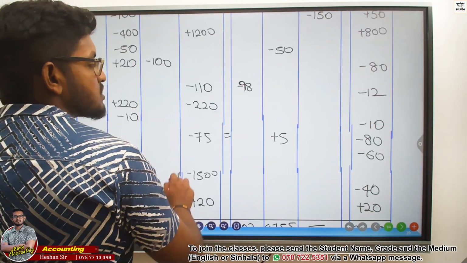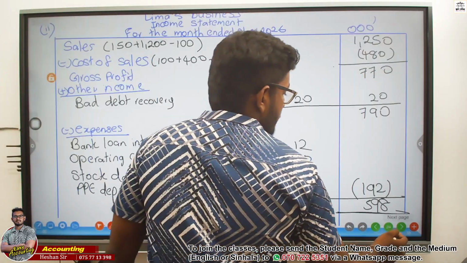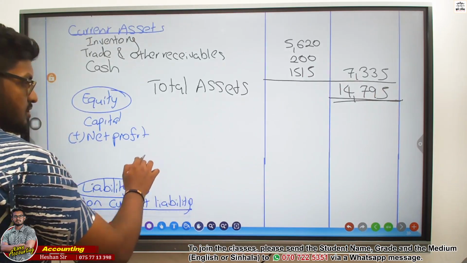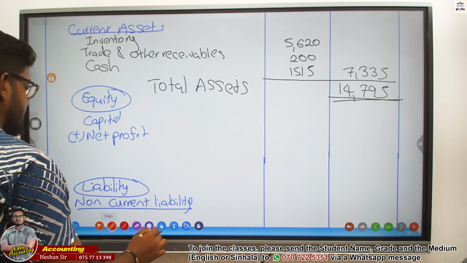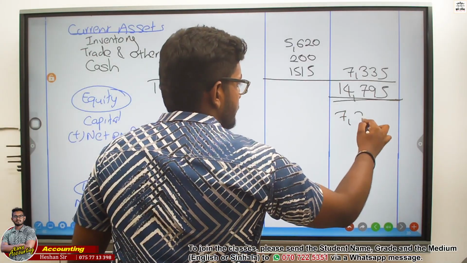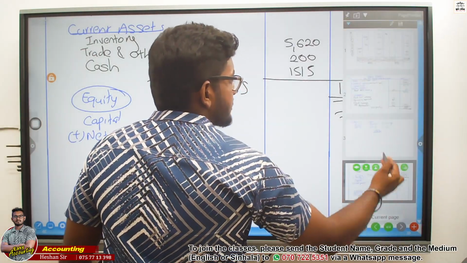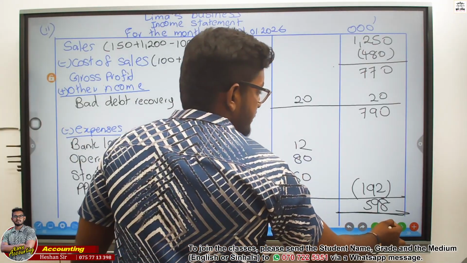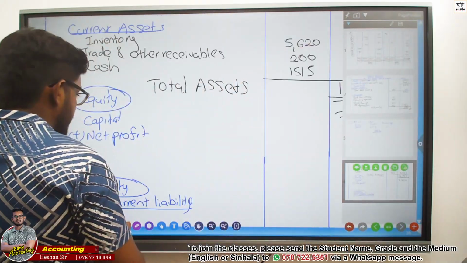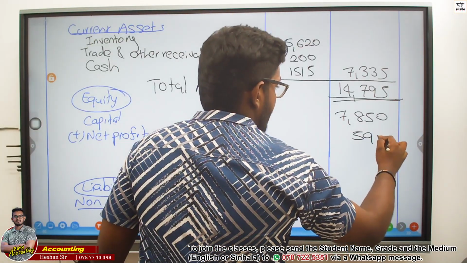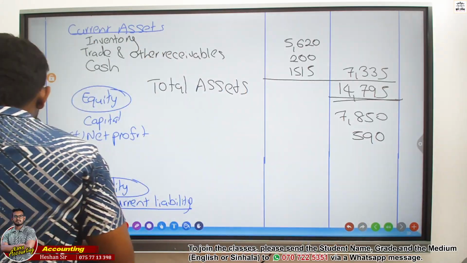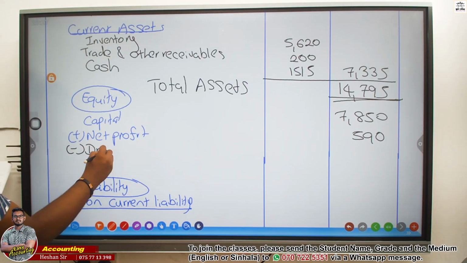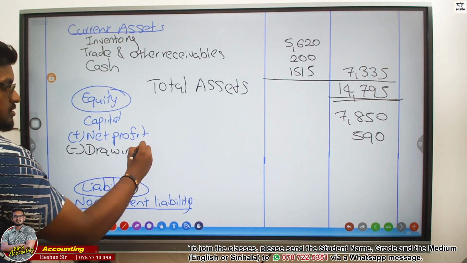Capital is 7,850. So there are two ways to calculate, right? First capital is 7,850, the opening capital. We calculated the profit in here, 590. So you can see profit 590 you can add. And there are drawings. We already calculated drawings, 10,000. Right?